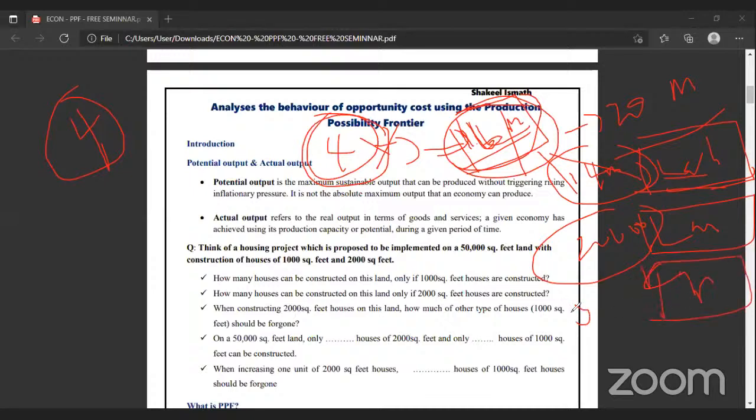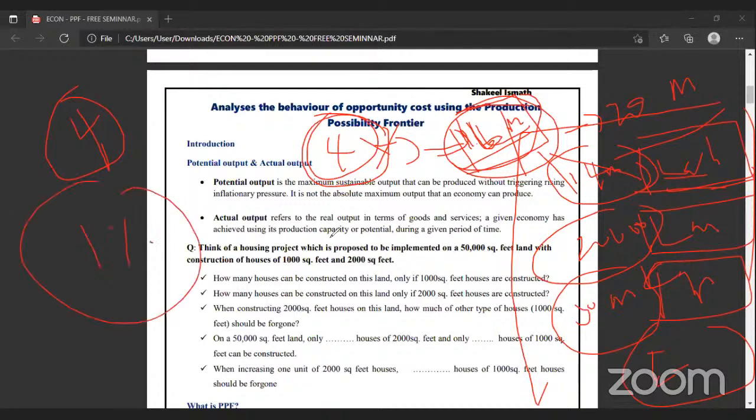Say for example, 500 billion value of capital is available in Sri Lanka: furniture, buildings, whatever. And entrepreneurship, there are entrepreneurs and enterprises in Sri Lanka. If we utilize all this, that means not a single resource is wasted.